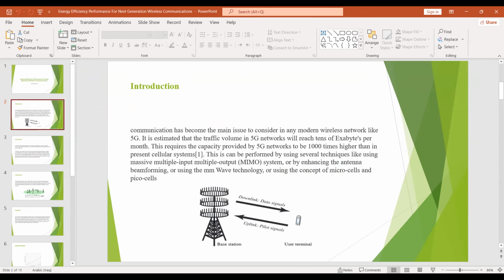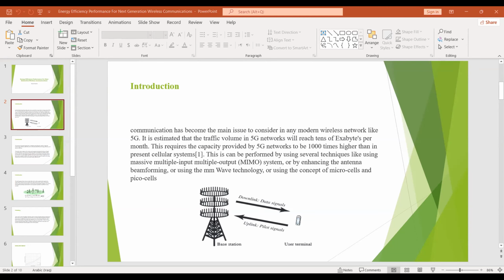So we have here multiple input, multiple output antennas. Each base station has at least 10 and more antennas used to transfer the data from the base station to the user, and in reverse, like uplink and downlink.